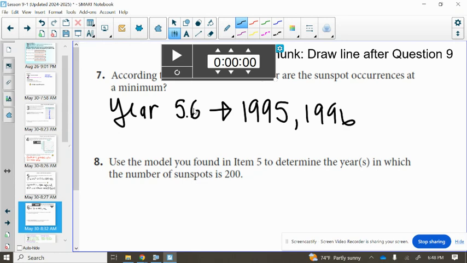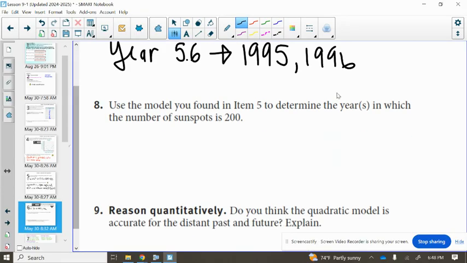of our 1990. And if we look at the top of page 121, we see this question here. Do we think we can use this to determine the number of sunspots when it's going to equal 200? The answer is yes, because we can set this equal to 200 and actually solve.